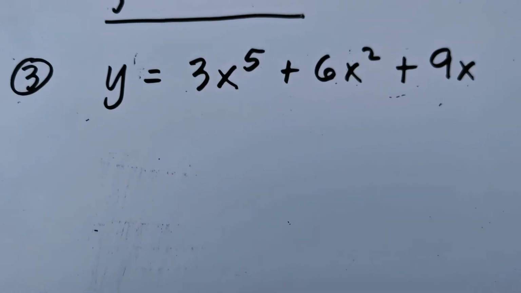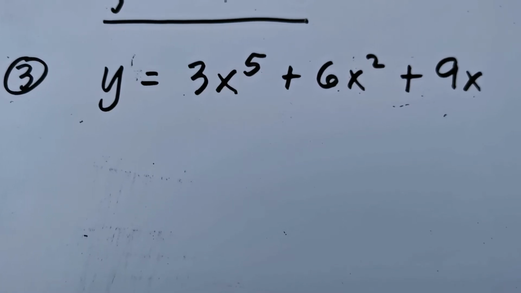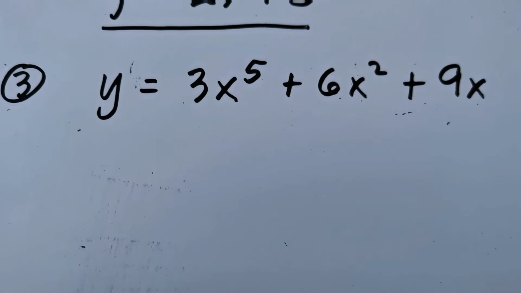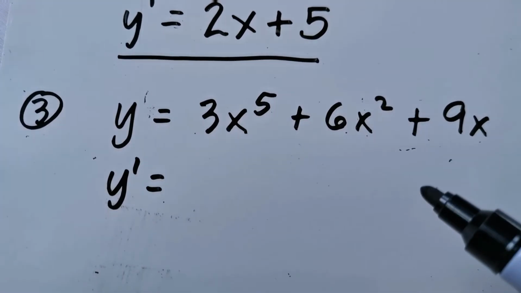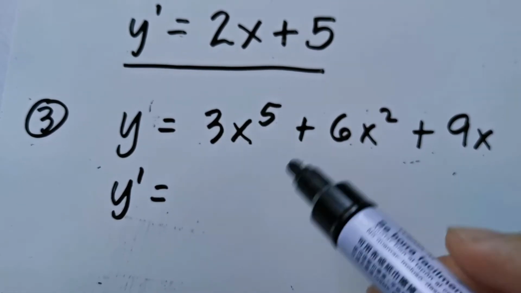For our third example, y equals 3x to the fifth plus 6x squared plus 9x. We have y prime is equal to multiply the exponent and the numerical coefficient.